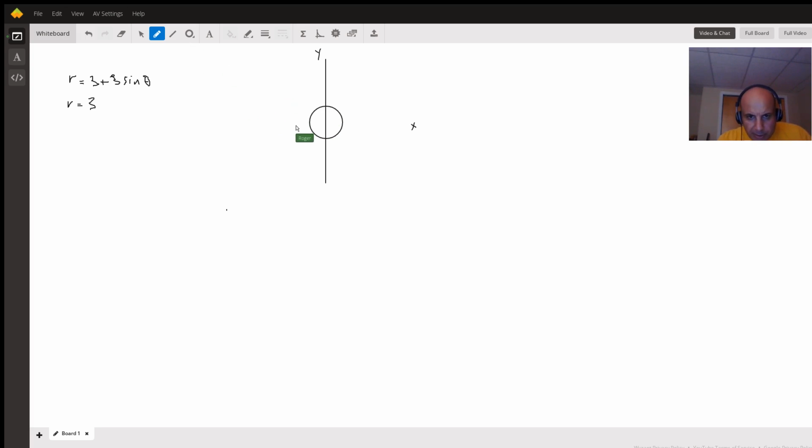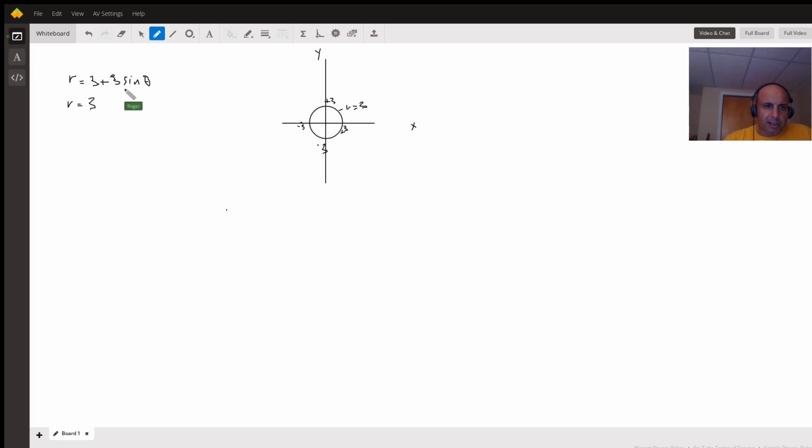So this is the curve r equals 3. It has a radius of 3 units. So this is plus 3 here, and this is minus 3, and also plus 3 and minus 3 on the y-axis.